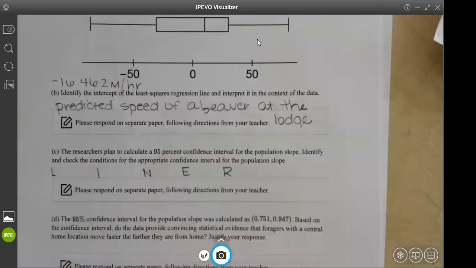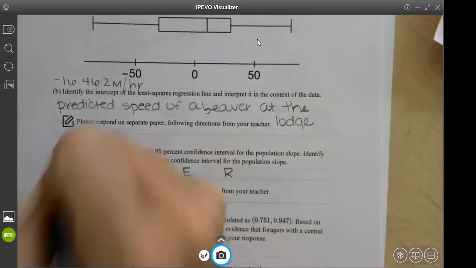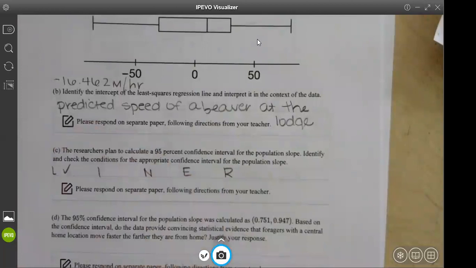Was it linear? You will have to write this out, but we're going to talk about it. And if you want to write it out on the side note, that's fine. You already know this. We've already answered this. Because why? Yeah, the residual plot doesn't have a pattern. So we already did that. So is it linear? Yes, the residual plot has no pattern.